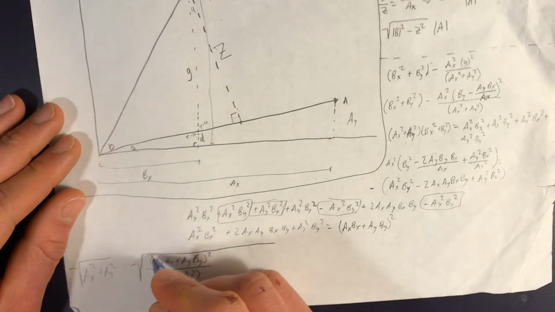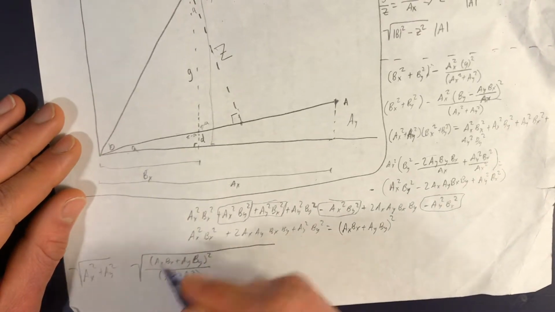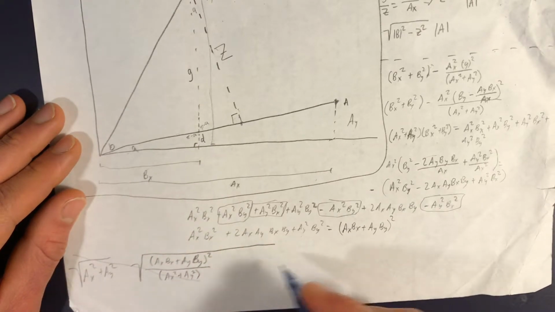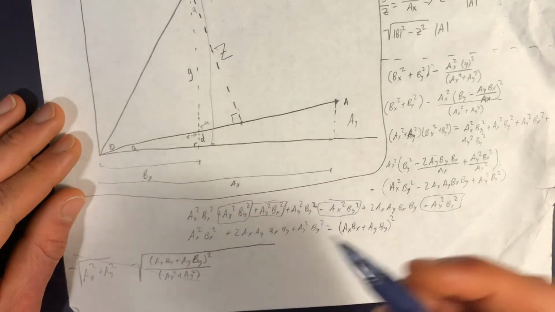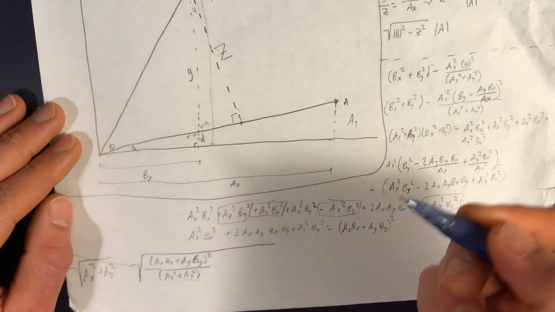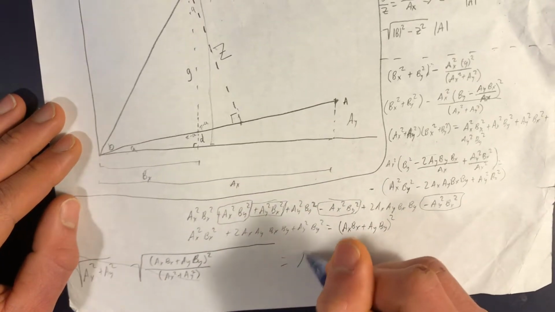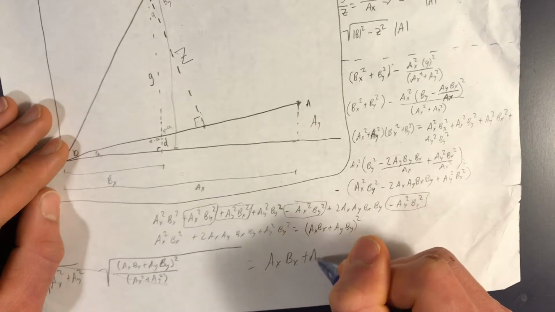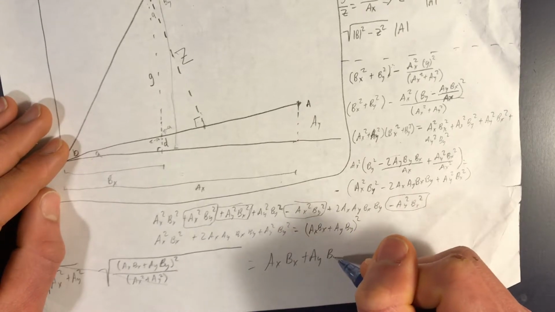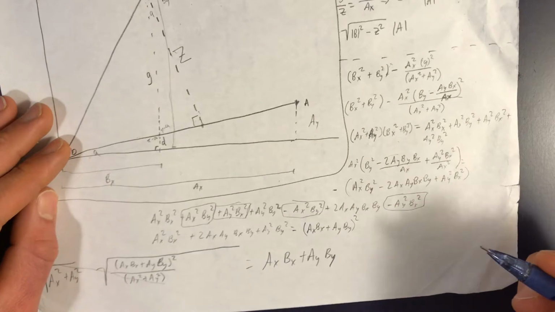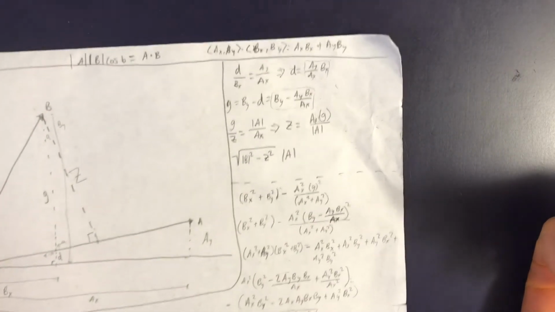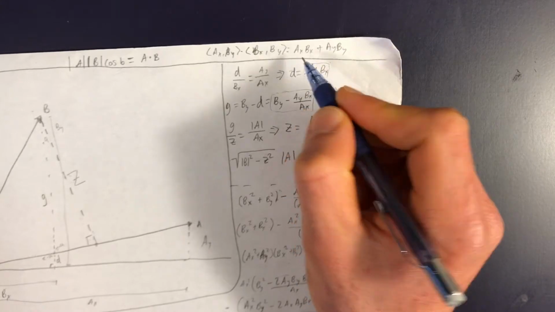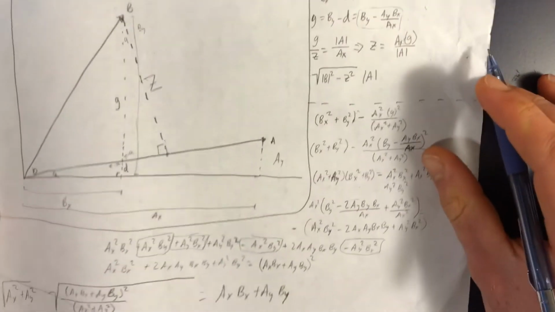And then the square root of that squared is just equal to ax bx plus ay by. So look up here, that's what we got. So yeah, that's pretty much the proof right there.